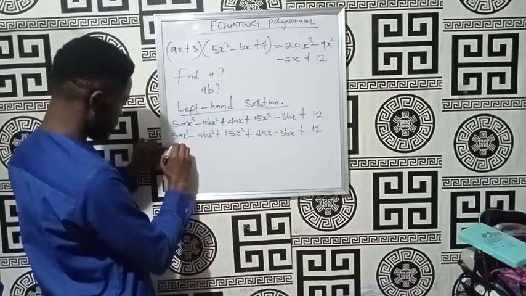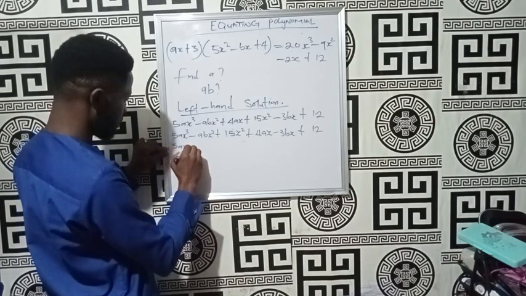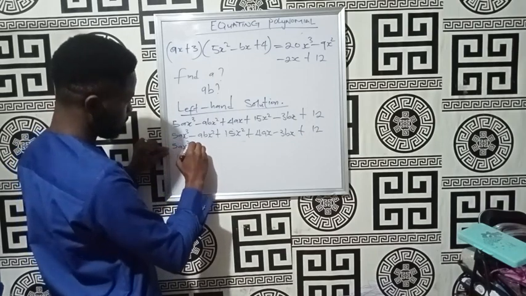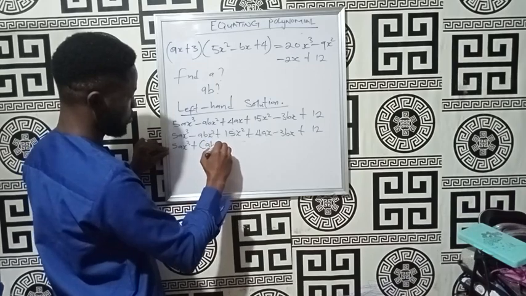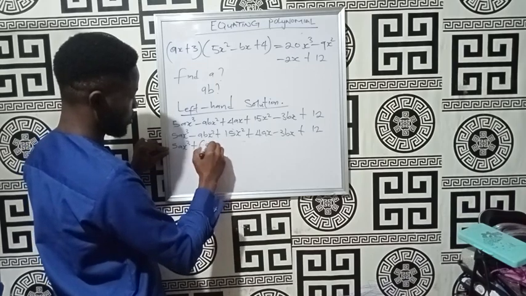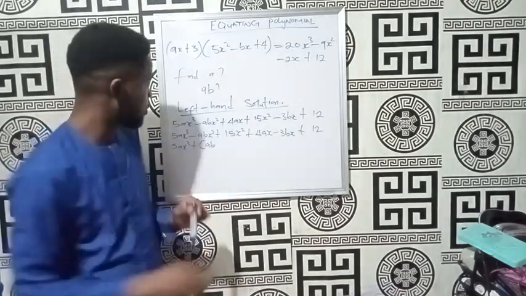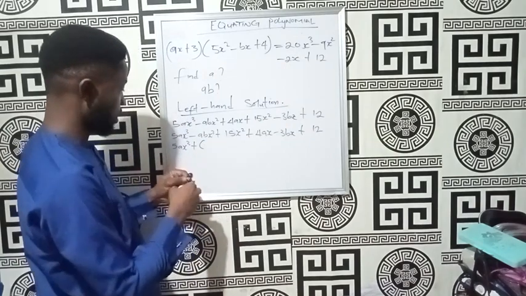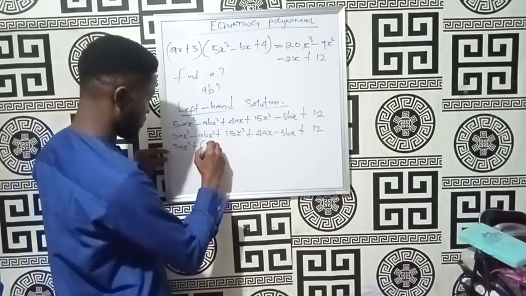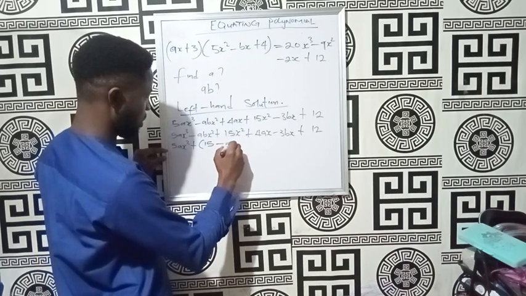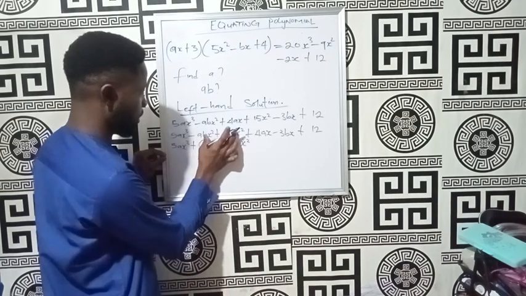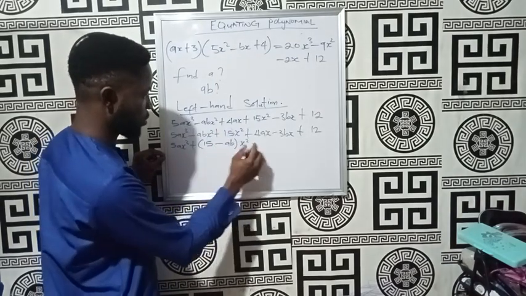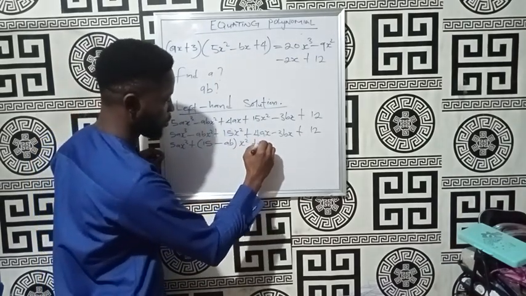Now we can continue: 5ax cubed plus (15 minus ab) x squared. Now we factorize to get x squared out. So for here too, we have what?